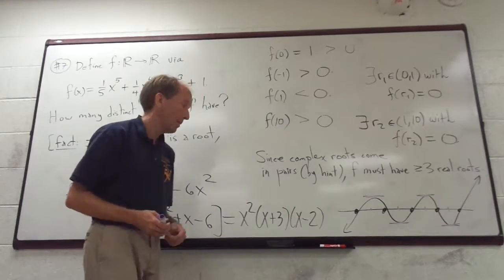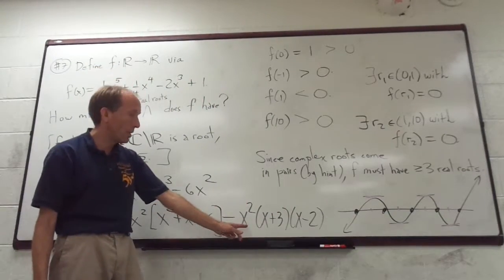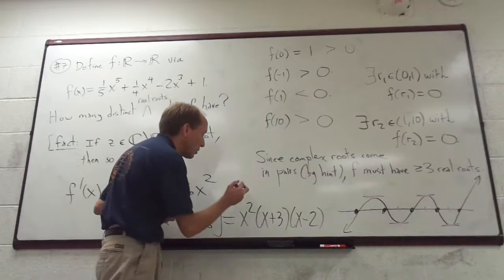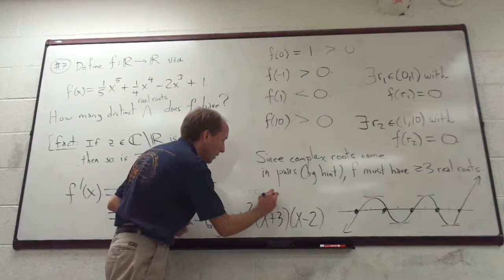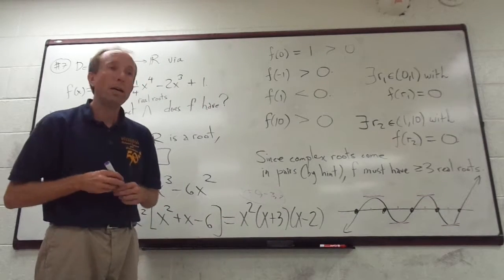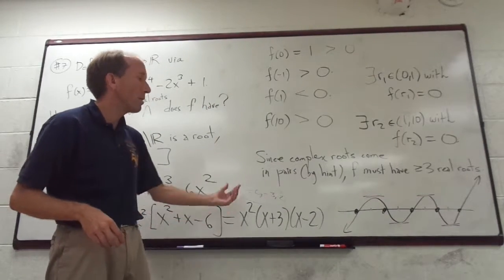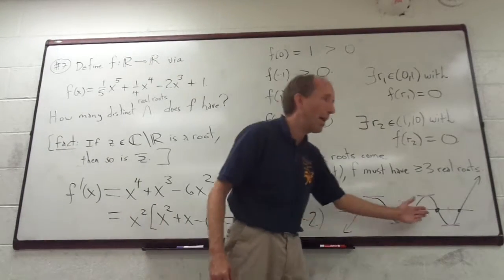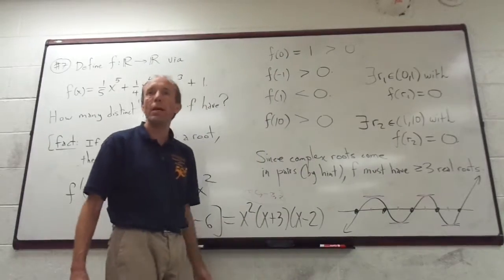Now, when you look at the derivative, you might say, well, this does have 4 roots. But notice it was rigged so that the roots, we actually know these roots, 0, -3, and 2. These are the only distinct roots. Right? So there's only 3 distinct places where the derivative is 0, so you can't have 5 real roots, right? That's the point.